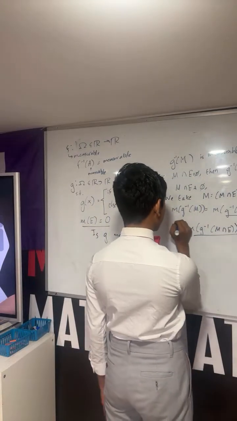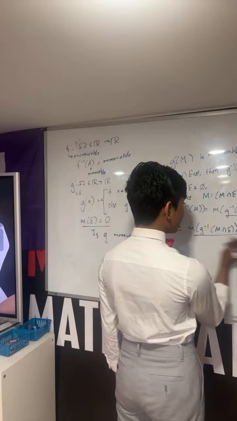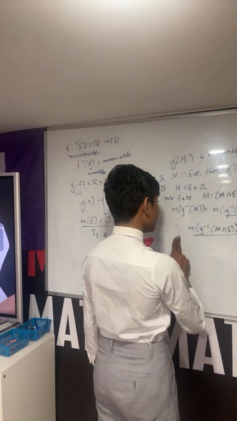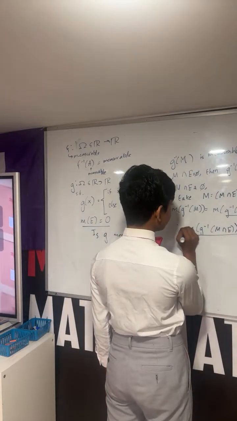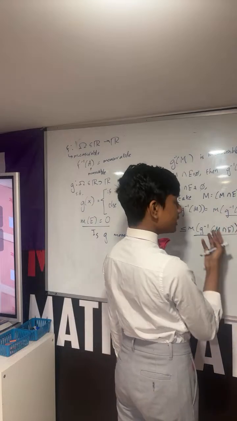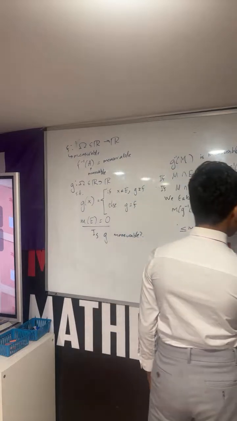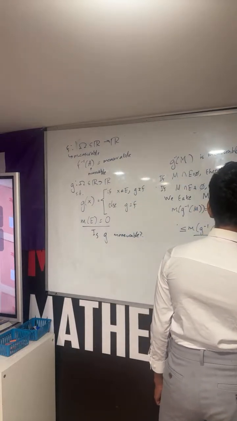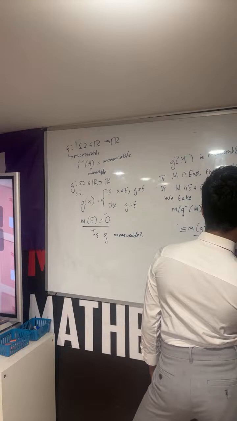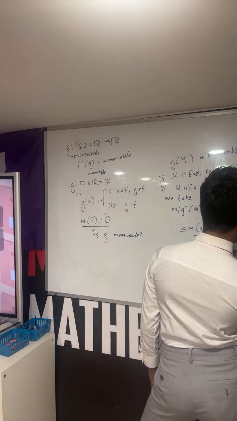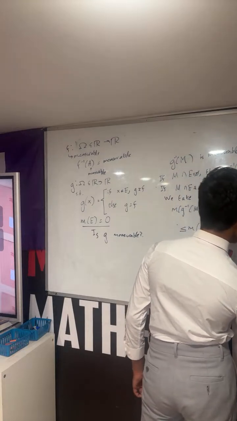This is going to be less than or equal to the sum, because the sum is greater than or equal to the measure of their union, since it might be double counting some parts, but that doesn't matter. This is just the same as the measure of f inverse of M without E, and we know that exists.